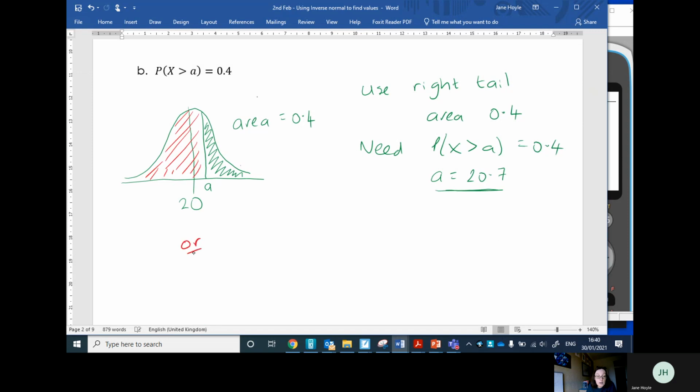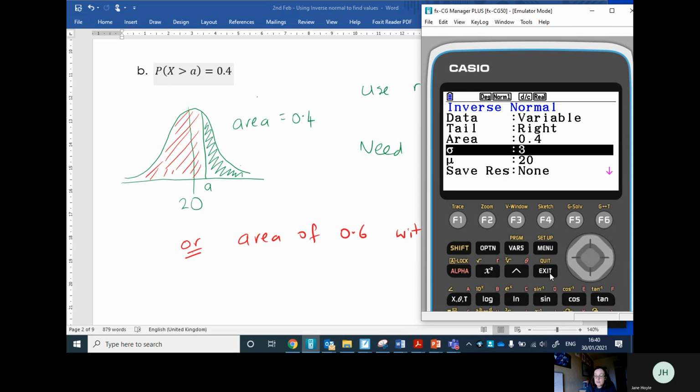So if you don't have the newer calculator, we can just use an area of 0.6 with the left tail. So we know that the answer is 20.7. Let's just see that we agree with that same value.